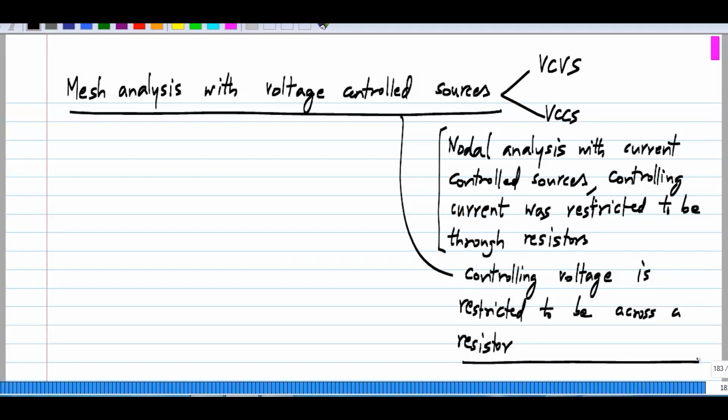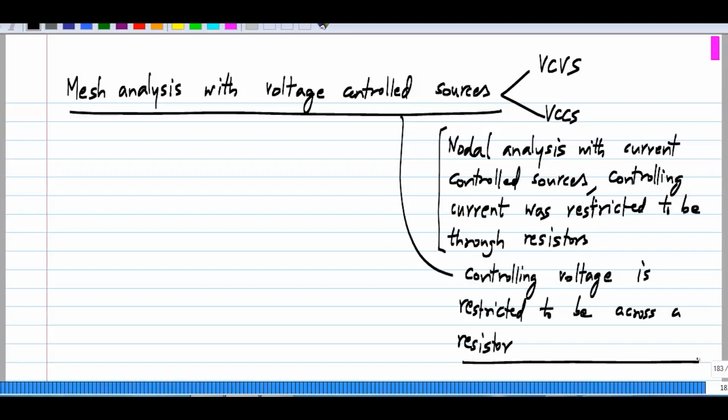Now I'll emphasize again, it's not that when the controlling voltage is elsewhere, let's say across a current source, you cannot analyze the circuit. You definitely can. What we want to do is to carry out mesh analysis without introducing auxiliary variables. If you have the controlling voltage across a current source, you have to introduce an auxiliary variable for that voltage drop. Now we don't want to get into that.